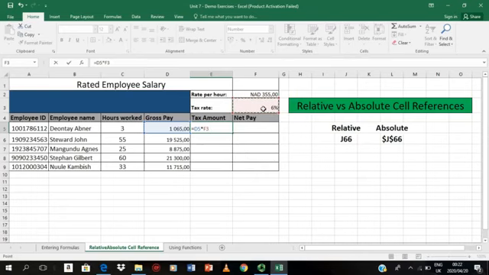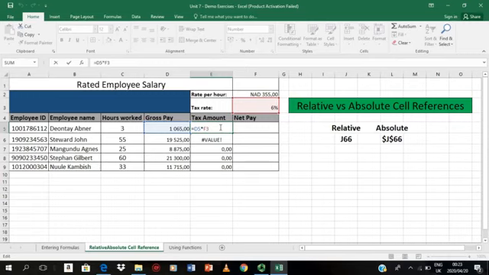Yes. But let's try. Let's do that. That works. But what if we copy it down? We have a similar problem, if not the same problem. So just like the way we solved the previous one, we go back to our formula and make sure that F3, which refers to the tax rate, which remains the same throughout, must be changed to absolute.